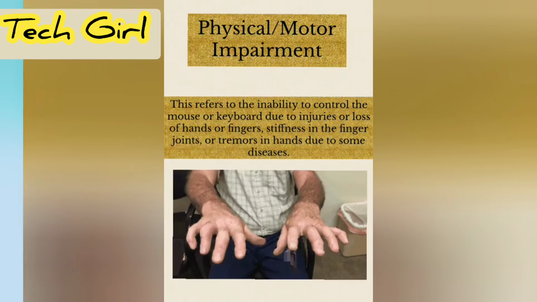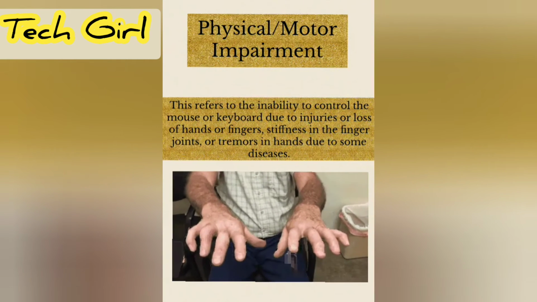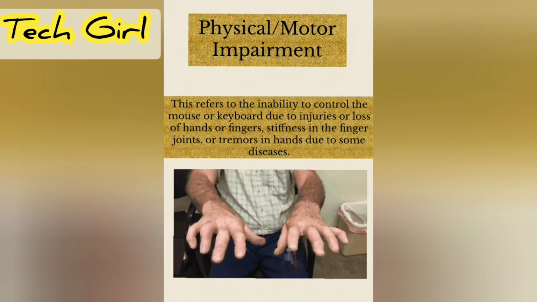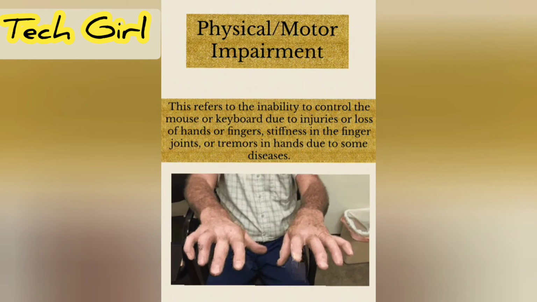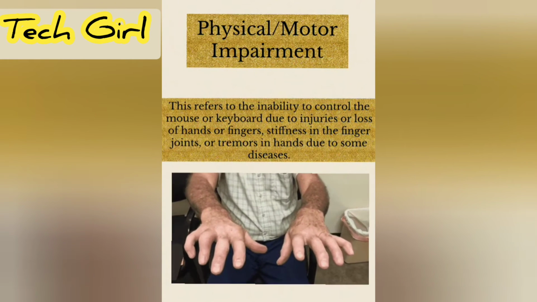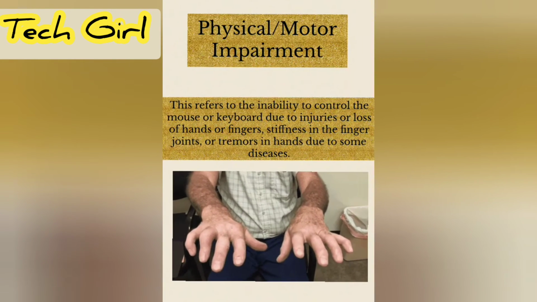Next impairment is physical, or we can also call it motor impairment. This refers to the inability to control the mouse or keyboard because of any injury or any kind of loss in fingers or hands. Some people suffer stiffness in fingers, or tremors like vibration in hands. This kind of impairment is known as physical impairment.